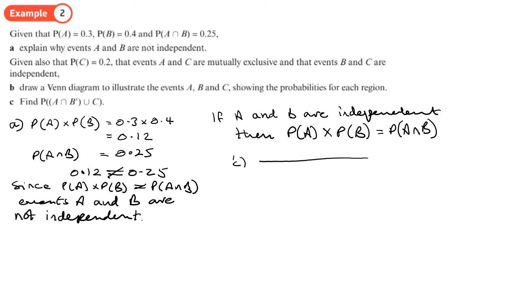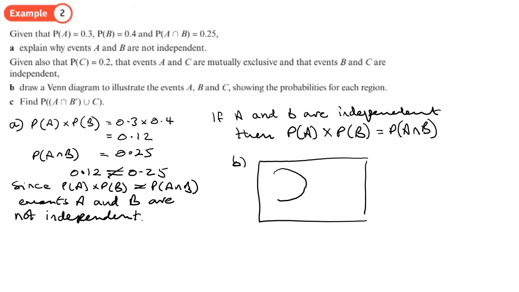So let's draw our Venn diagram. Now it says that A and C are mutually exclusive, which means that A and C don't overlap, but A and B do overlap, so we're going to have to be careful about how we draw this.